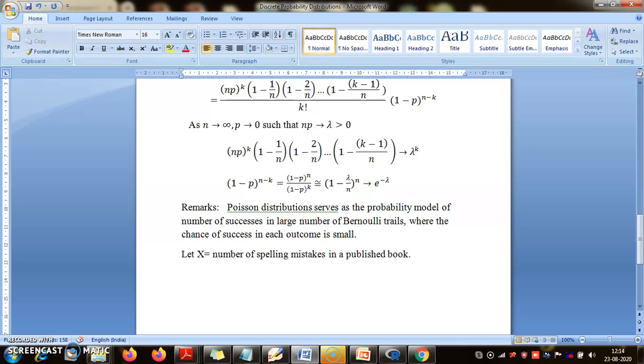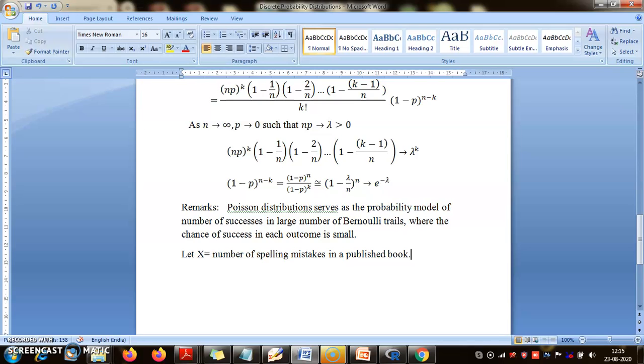So here p is the chance that a particular word is wrongly spelled. Each word is either correct or wrong. Now in any book or any large monograph, there are going to be thousands of words, right? Each page contains hundreds of words, and you have hundreds of pages.